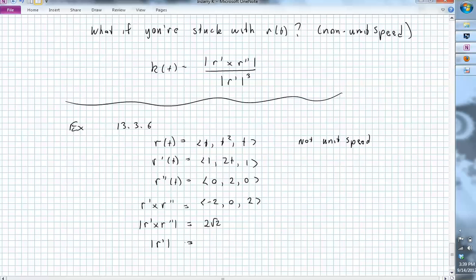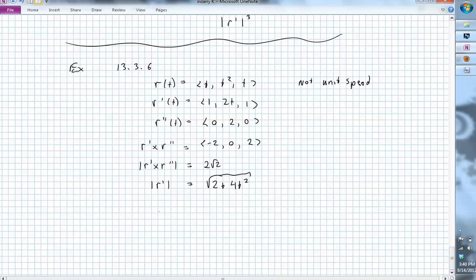A little dicier. 1 plus 4t squared plus 1, root of 2 plus 4t squared. Don't forget to cube that thing. Kappa of t is 2 root 2 over 2 plus 4t squared to the 3 halves.